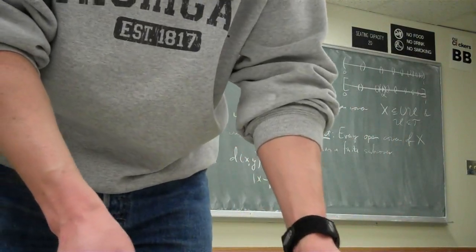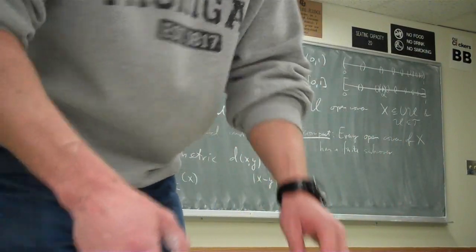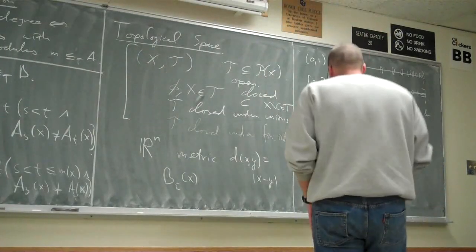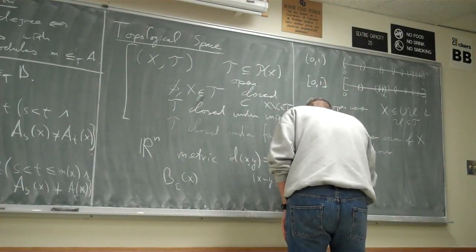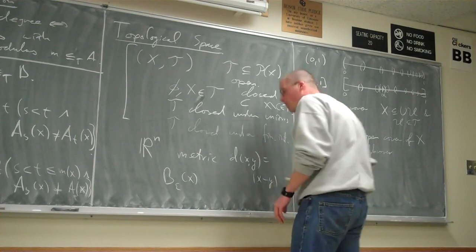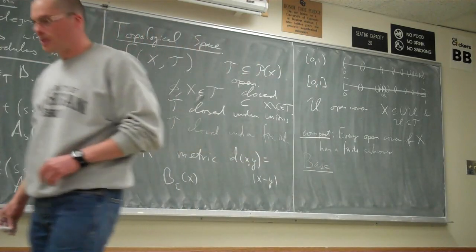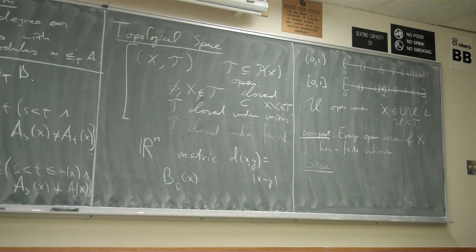Compactness. Base. So this is always important. A good property of a mathematician is that you're lazy. And so instead of trying to describe all sets in a topology, you want to economize on this a little bit and just describe the sets that generate a topology.